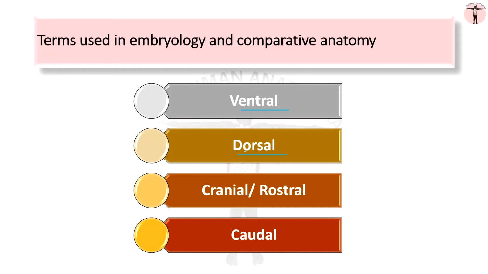Ventral otherwise is anterior, but during development we don't call it anterior or posterior. In the adult stage after birth we can use ventral, dorsal, cranial, caudal, but we don't usually use superior and inferior.